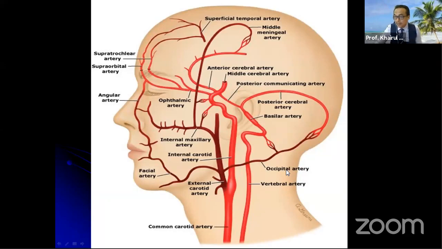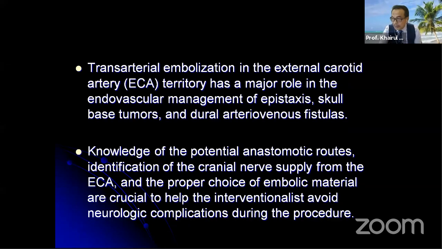Okay, this is the basic anatomy, already explained and illustrated well by Dr. Kitipong just now. But as we know, transarterial embolization of the external carotid artery has a major role, not only in epistaxis, but also in the treatment of dural fistula and pre-embolization of skull base tumors.